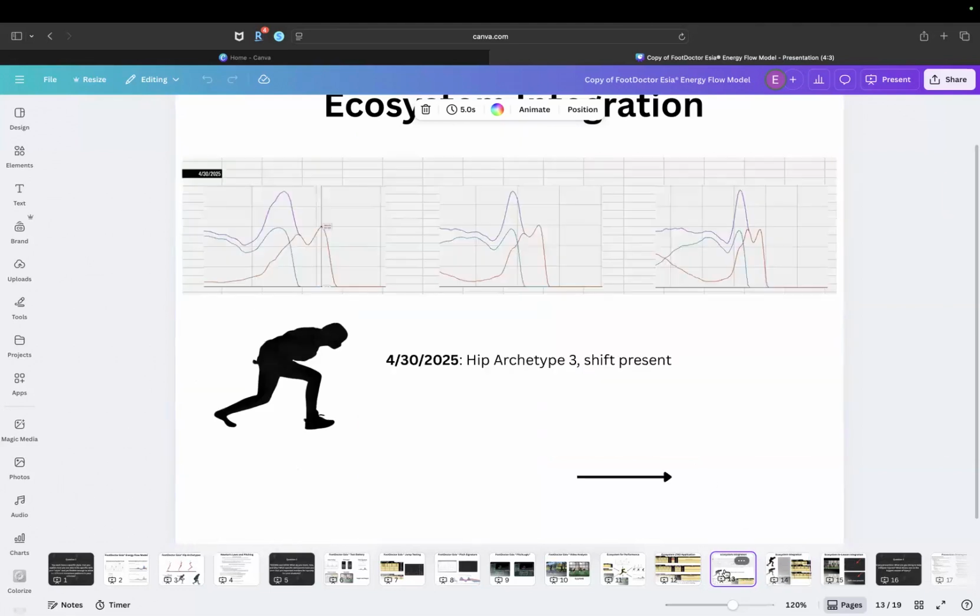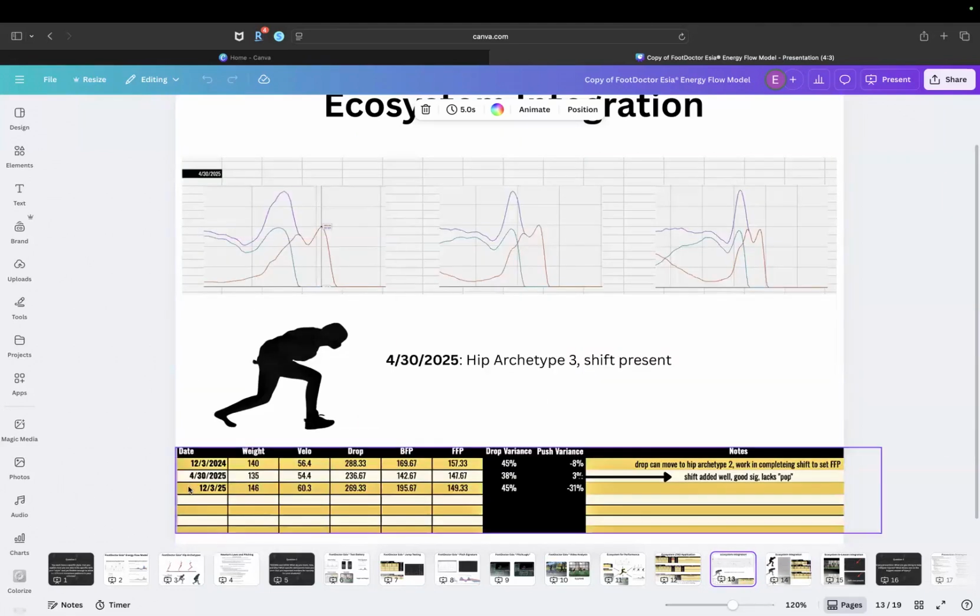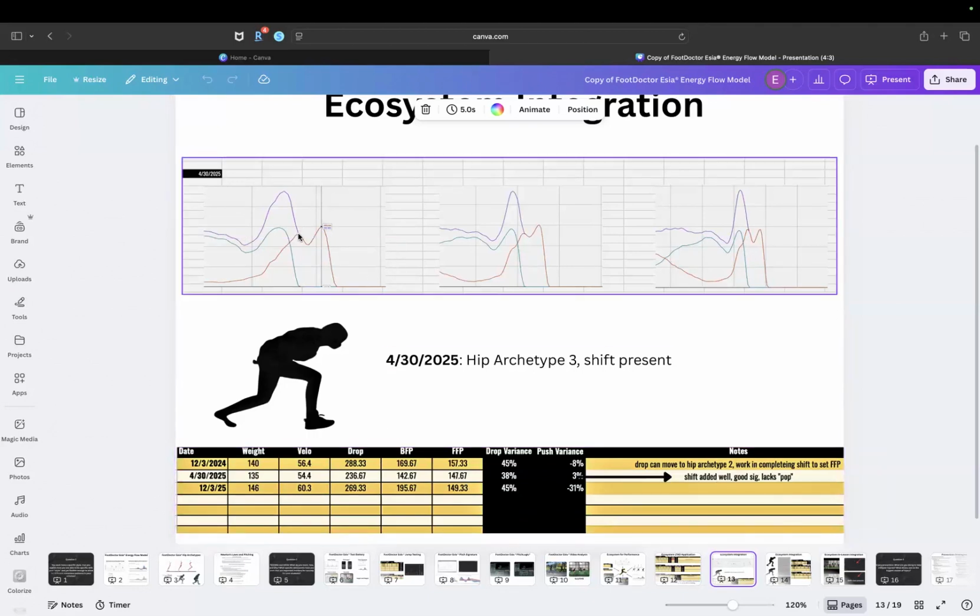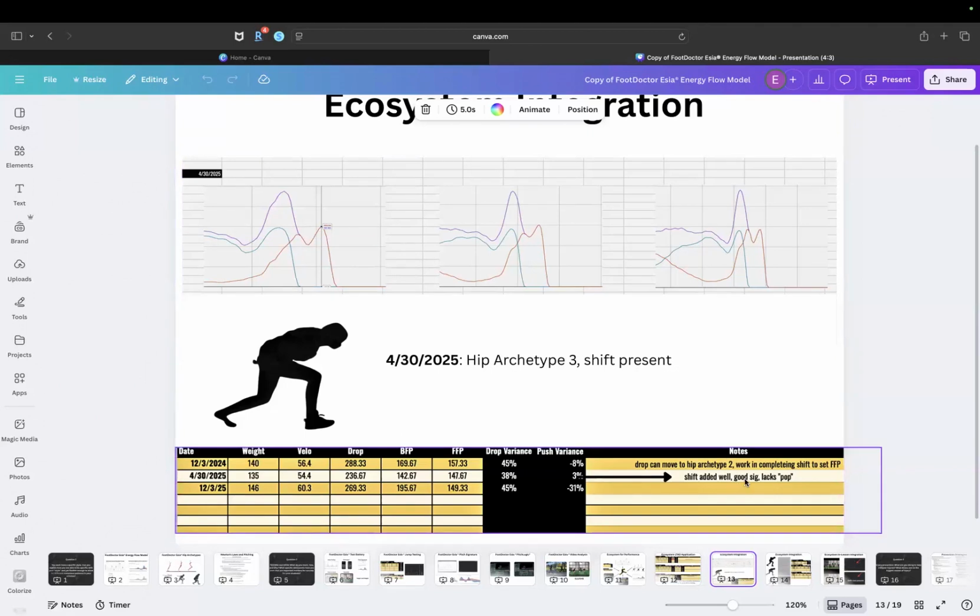And if I go back one piece, the notes I have from that testing is that the shift is added, there's a good signature. It lacks pop. So this is where, from a development standpoint, we start to ask how we are meeting everyone where they're at in that space and the things we can do.